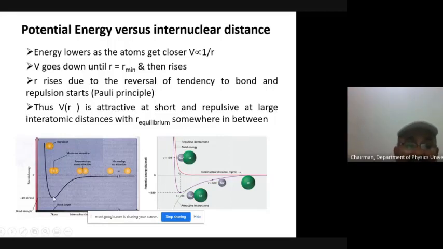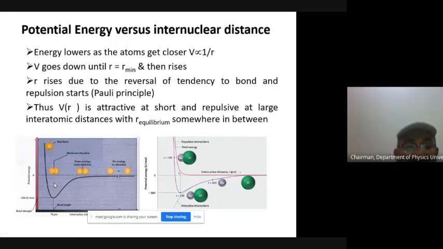So when the energy of the system is negative, meaning minimum, then you will have to give this much energy. If you look into this plot here, you will raise the energy up to here to unlock the atoms.